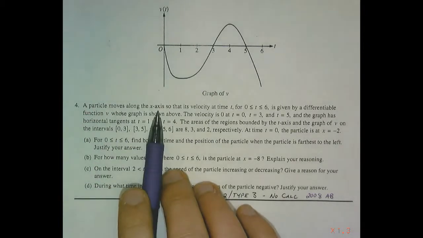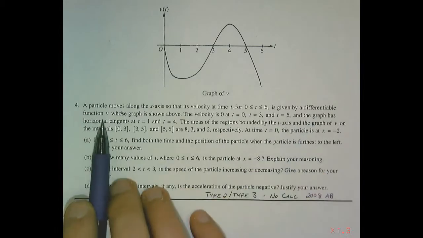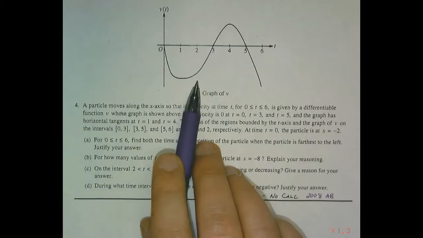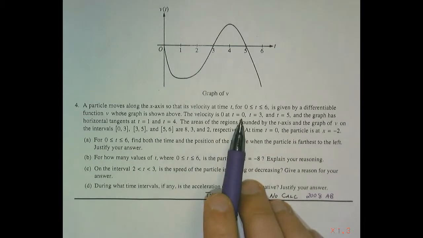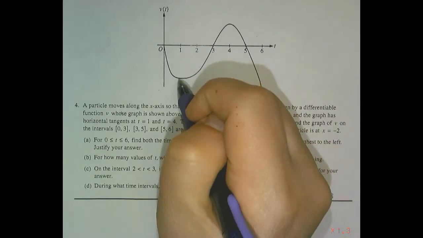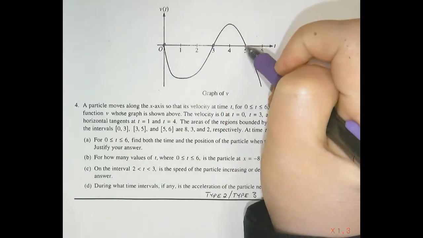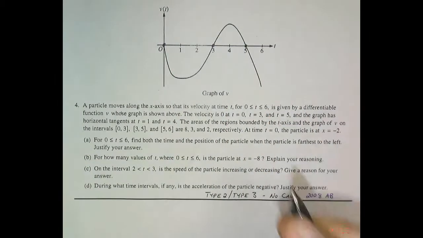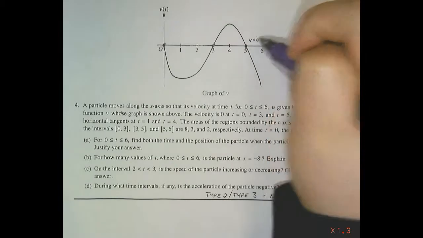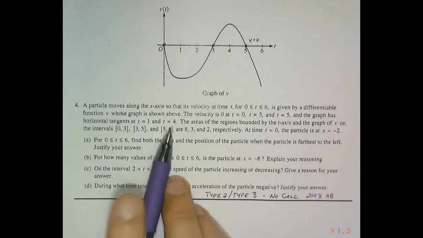A particle moves along the x-axis so that its velocity at time t is given by the differentiable function v, shown above. The velocity at times 0, 3, and 5 is 0. So at these locations, velocity is 0. And v has horizontal tangents at time 1 and time 4.